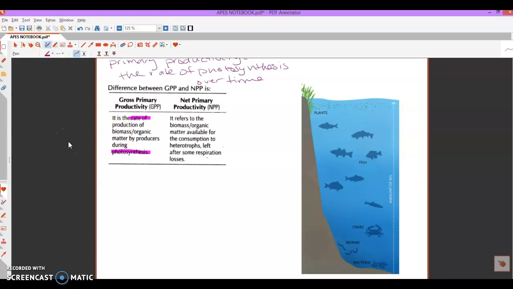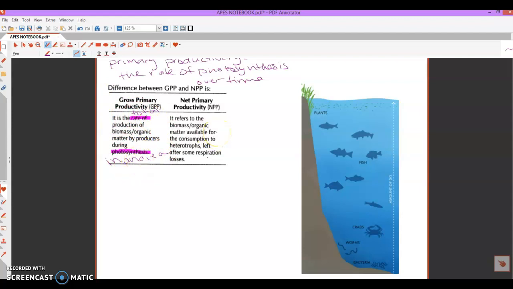So let's make this a little bit more specific. It is the total rate of photosynthesis in an area. Okay? So this is all the photosynthesis that happens in one area. That's the gross.